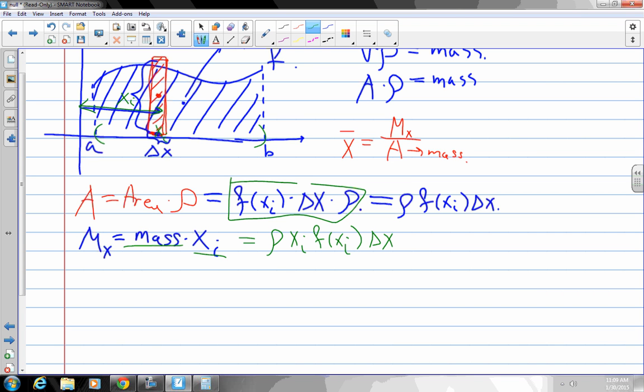Is it this way, or is it that way? The question is, how far is this point, the location of this point in the horizontal direction? What do we use to measure that? Well, we just use whatever the x value is, right? Does that make sense? This is weird too. In my head, it's weird. I'm not a physicist, but.